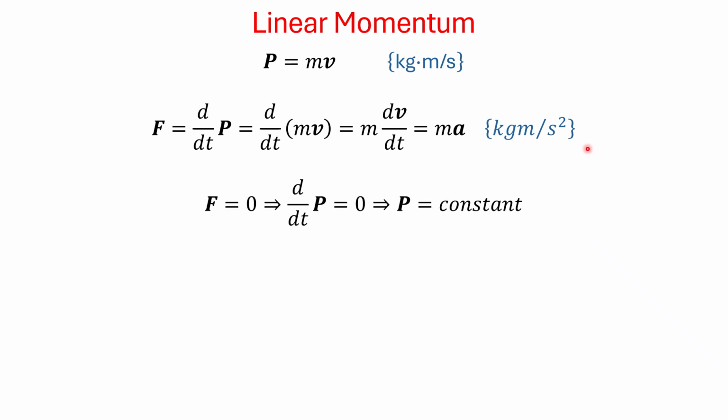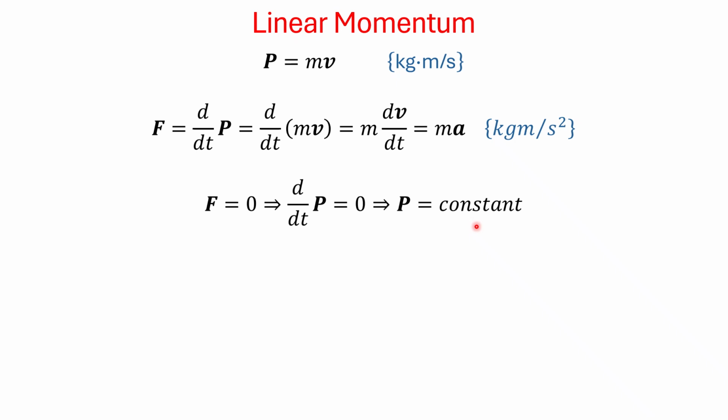Now, when the external force is absent, that is F equal to 0, in that case F is replaced by dP by dt, and this turns out to be 0, it means that momentum must be constant.